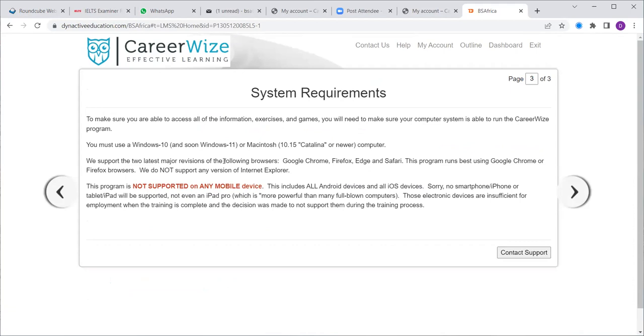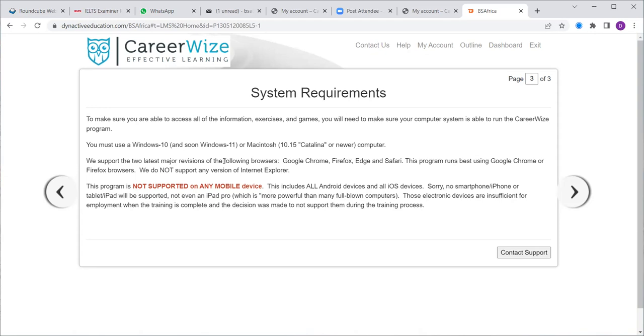You must use Windows 10 and soon Windows 11, or Macintosh 10.15 Catalina or newer computer. We support the 2 latest major revisions of the following browsers: Google Chrome, Firefox, Edge, and Safari. This program runs best using Google Chrome or Firefox browsers. We do not support any version of Internet Explorer.